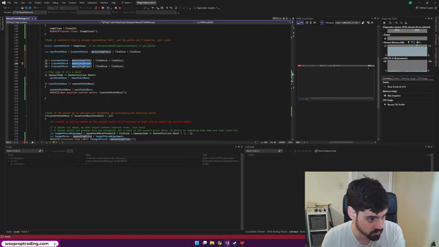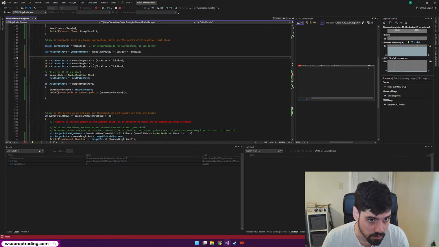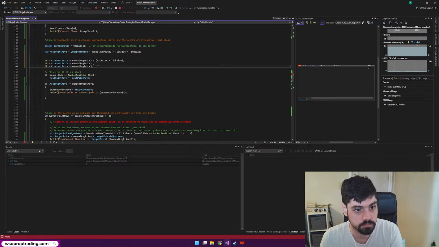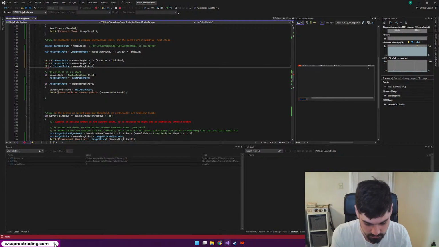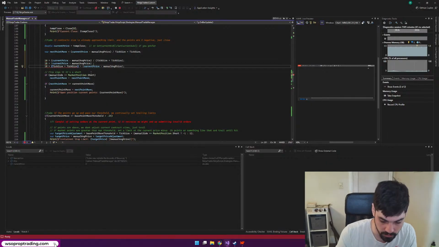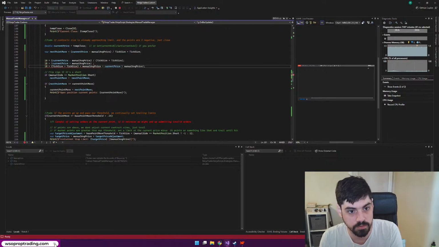So it's literally just moving dollar by dollar or whatever. I don't think that's right. I think we gotta multiply like this. And then do plus manual average price equals current price.